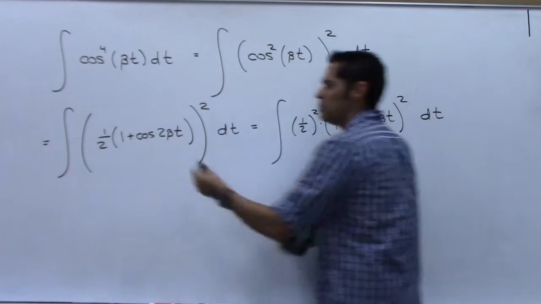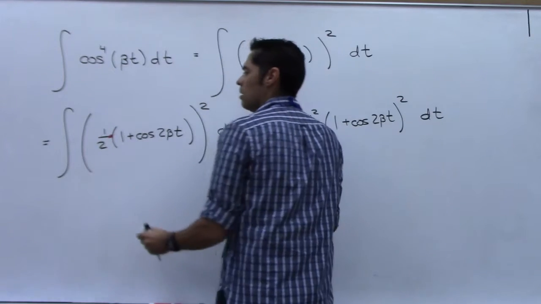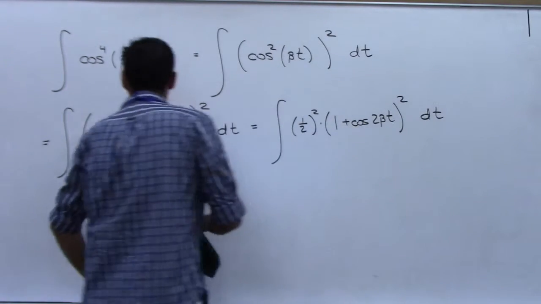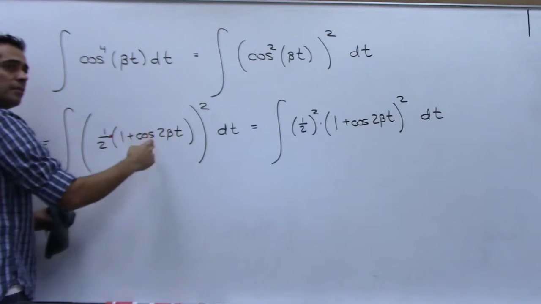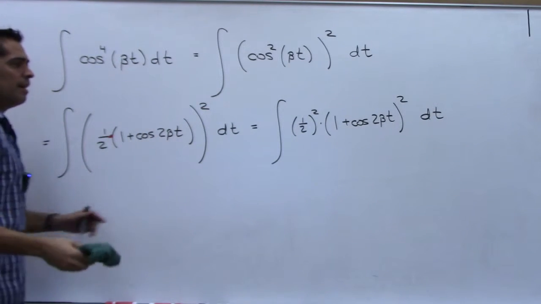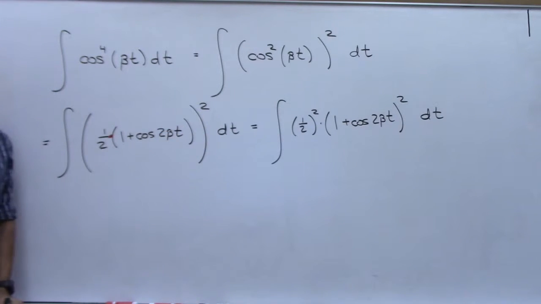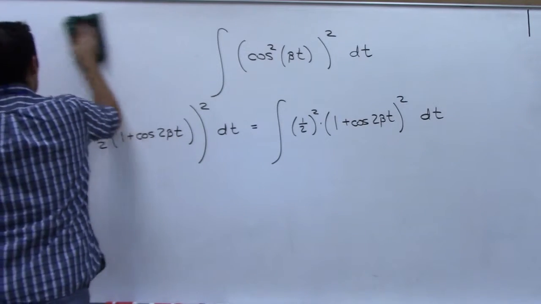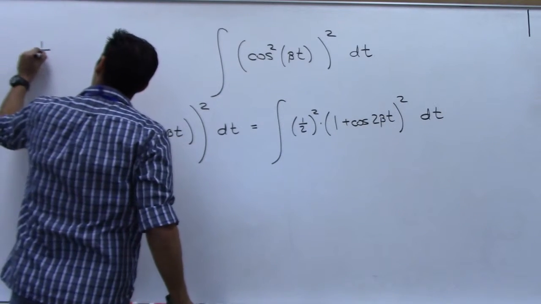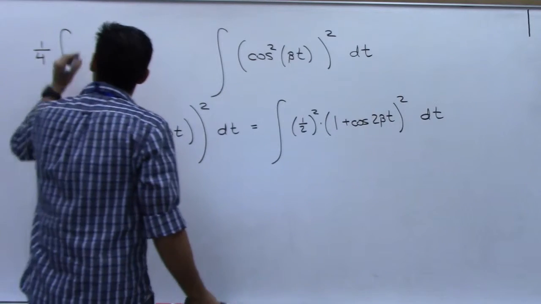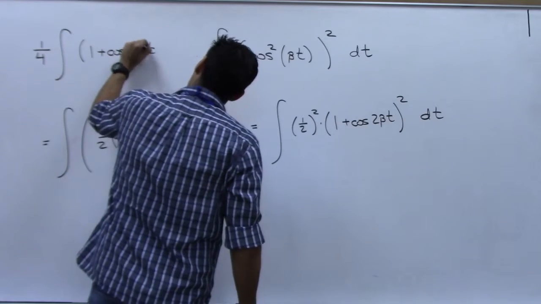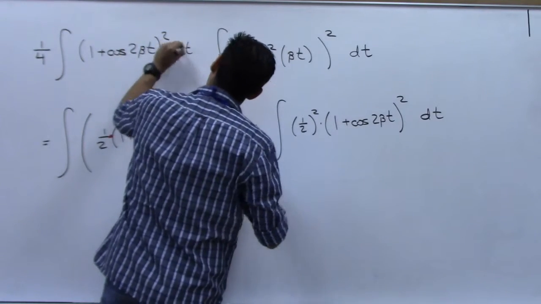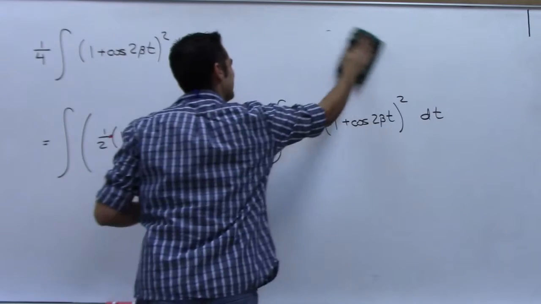I just split it up, because this is multiplication, and if you have 2 things being multiplied that are being squared, you can square each one of the factors. So that's what I've done. And this 1/2 will come out as a 1/4, won't it? Let's pull that out. I've got 1/4 integral of 1 plus cosine of 2 beta t squared dt.